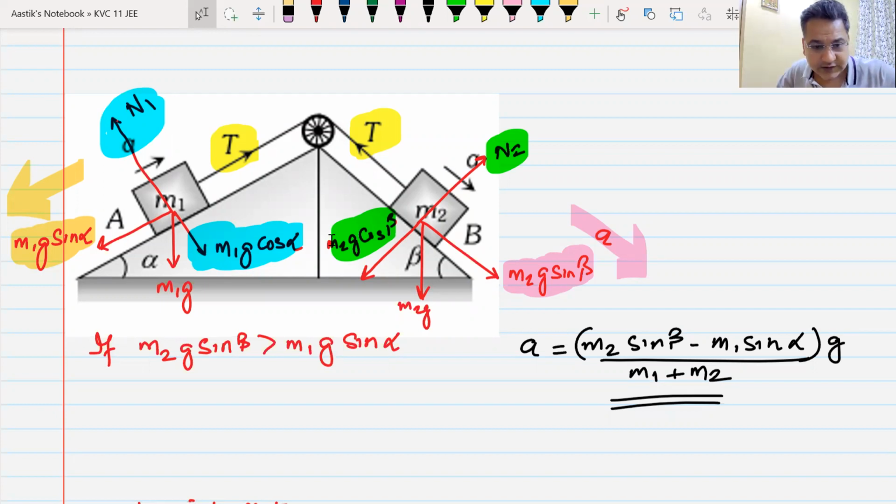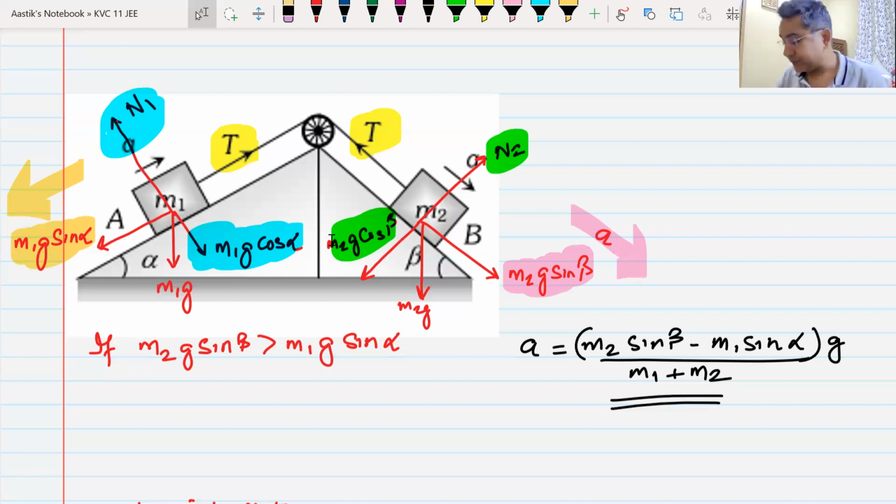Let me see if I can get a better diagram here. Else I will have to make my own diagram. I'm not getting a diagram. This one you will get confused. This one is more confusing.